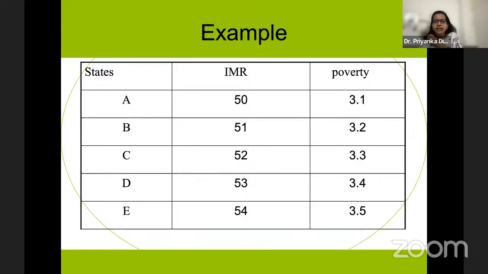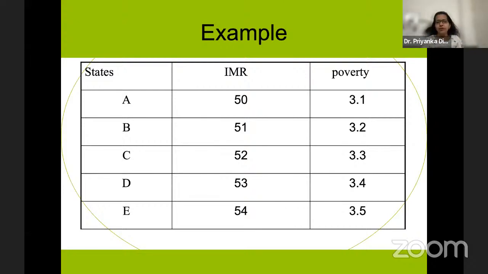Linear regression is a technique which comes under multivariate analysis. Multivariate means we are going to use multiple variables simultaneously. Let's say my outcome variable is blood pressure, and I want to find out what factors are affecting the blood pressure.